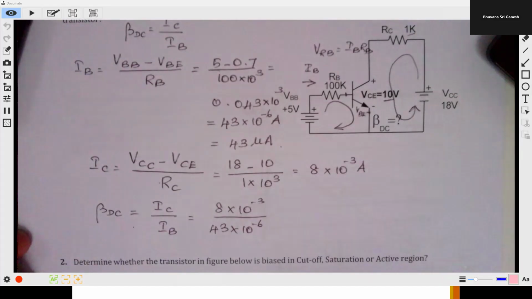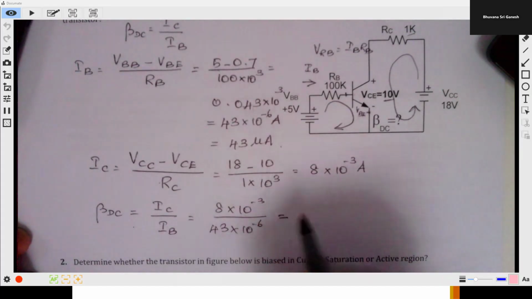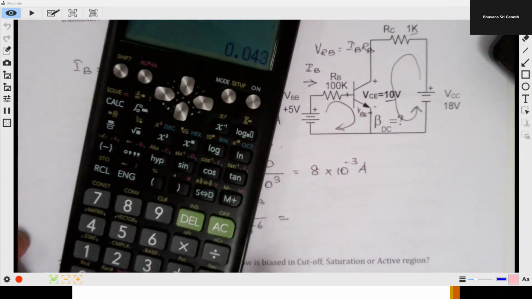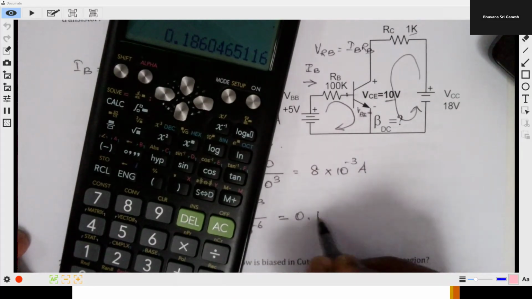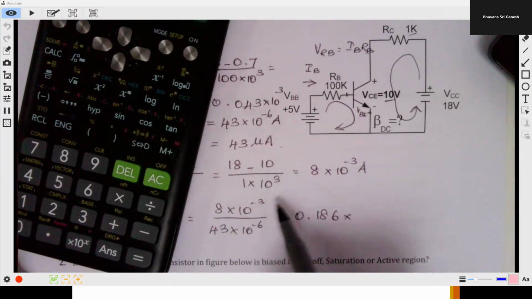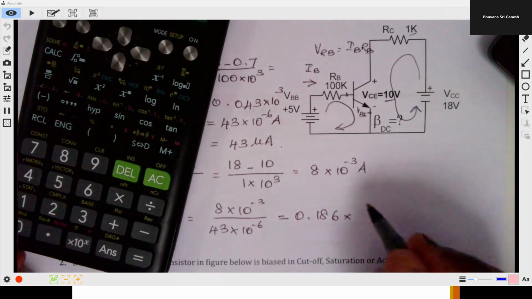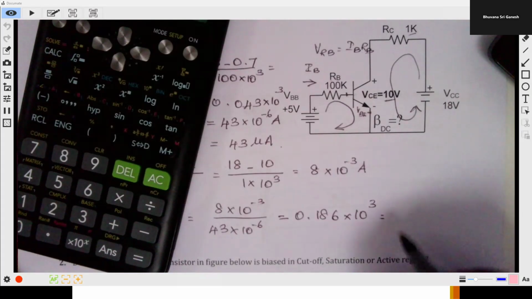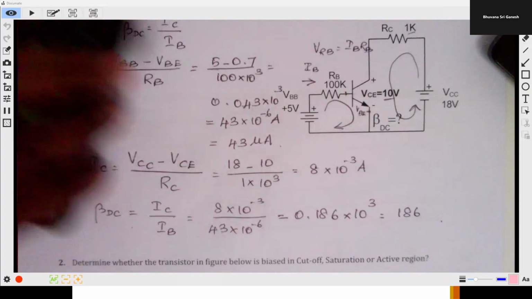On the calculator you do 8 over 43 equals 0.186. 0.186 times 10 power negative 3 plus 6, right? This is going to be 10 power positive 3. So you move 1, 2, 3 places, and it's 186. So your beta value is 186.